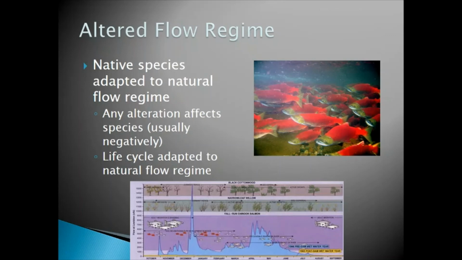Now, when we think about the flow regime holistically, what we see is that the flow regime drives the ecology of the system, and native species are adapted to that natural flow regime. Any alteration usually affects those native species negatively. When you alter the flow regime, you allow other species that are adapted to that altered flow regime to come in and invade.